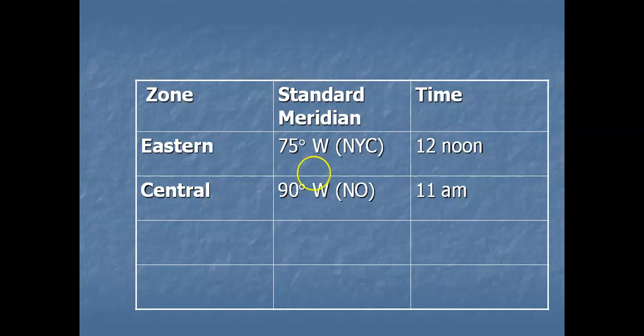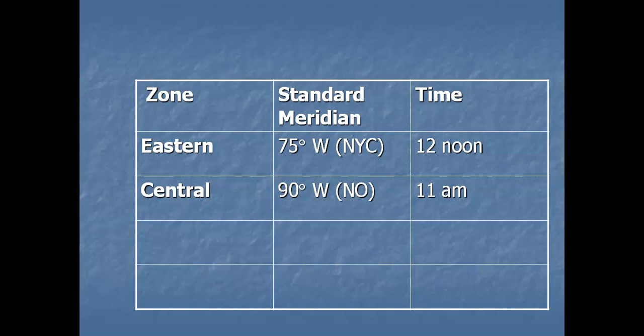Since we're moving west, it's getting earlier. It's going to be 11 a.m. That's something we're going to talk about in just a few seconds. The next time zone is the Mountain time zone, still moving further west from London.